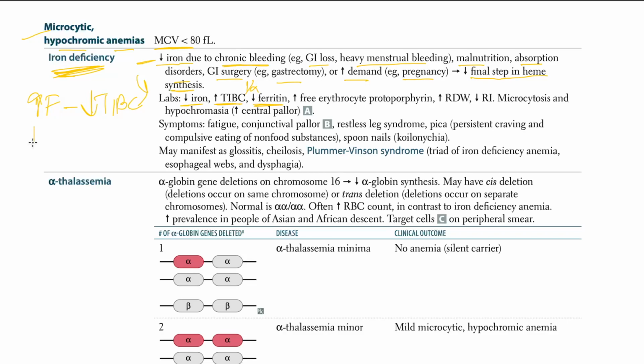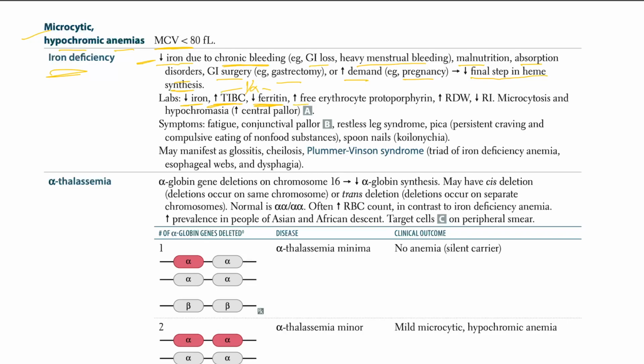When the TIBC is increased, you will have a decrease in ferritin. Inversely proportional. So they're inversely proportional to each other. So here you have an increase in TIBC and a decrease in ferritin. That's just a rough way to understand this or memorize it, okay?